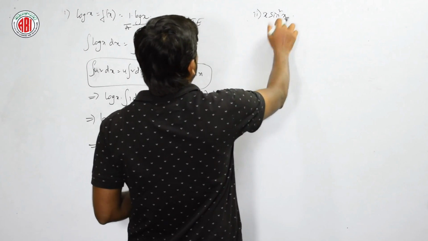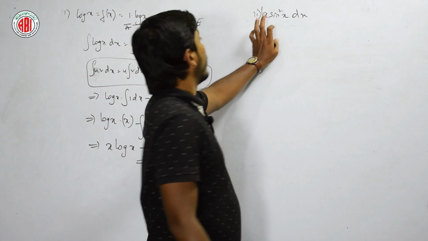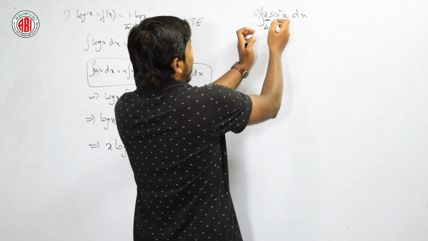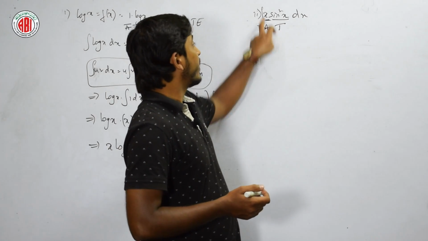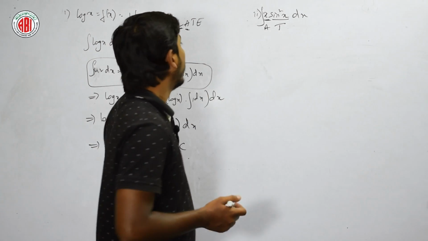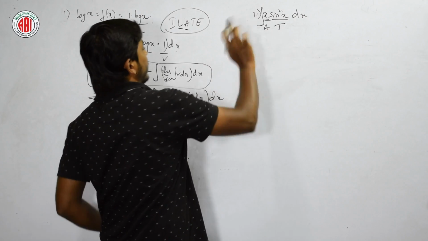Integral of x sin square x. So what is this? I mean, x is algebraic, sin square is trigonometric. So according to our rule, ILATE, which is first? Algebraic is first, trigonometric is next.